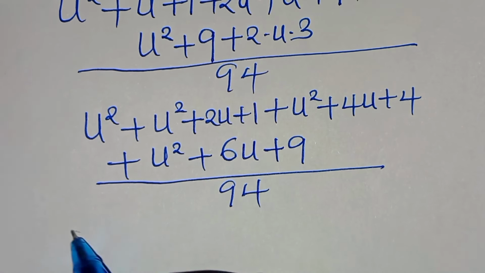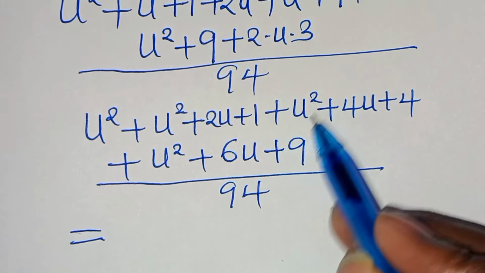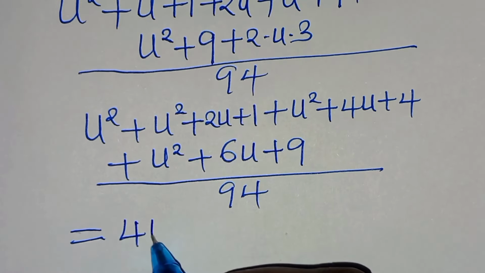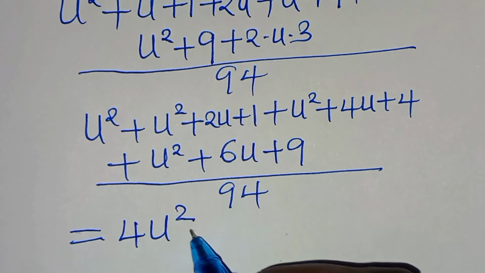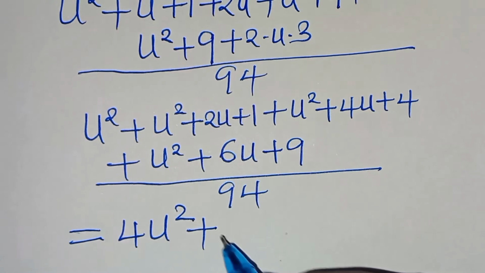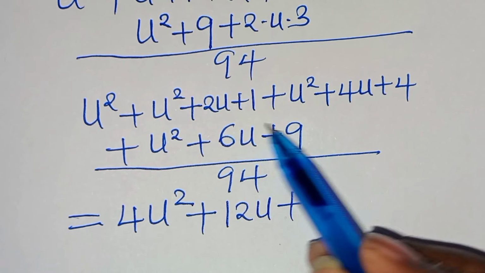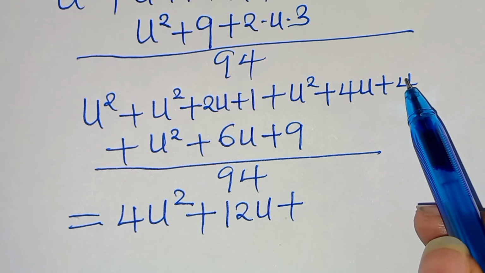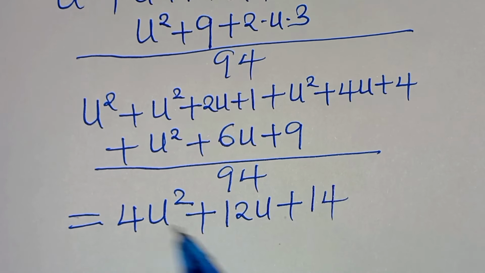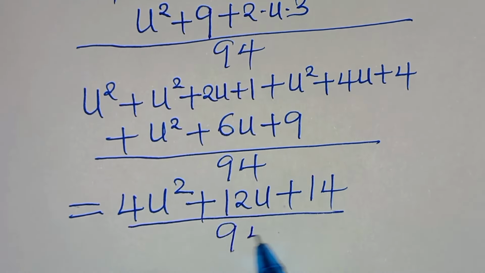So this implies that here we have u squared plus u squared, this is 2u squared, plus u squared, this is 3u squared, plus u squared, so this is 4u squared. Then we have 2u plus 4u, this is 6u, then plus 6u, this is 12u. Then 1 plus 4 is 5, then 5 plus 9 is equal to 14. So we have 4u squared plus 12u plus 14, everything here divided by 94.